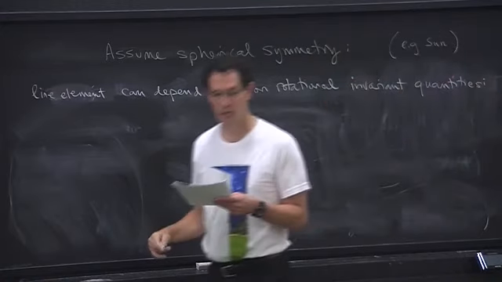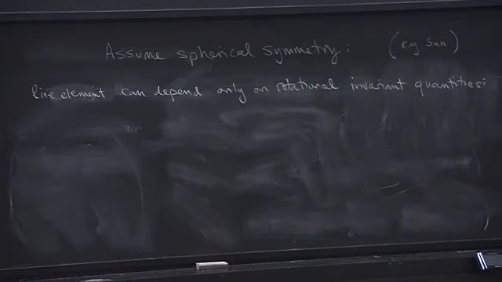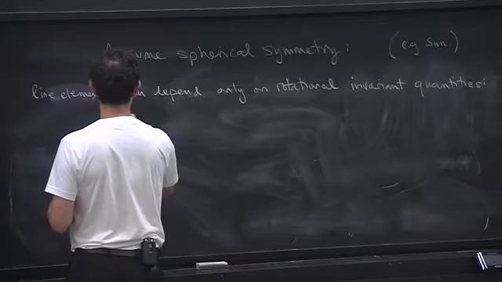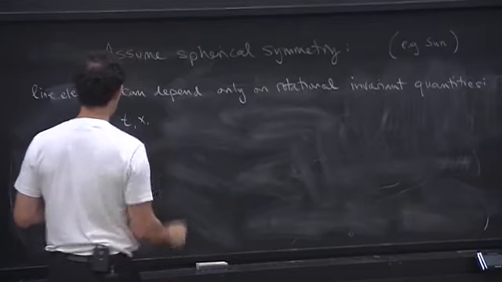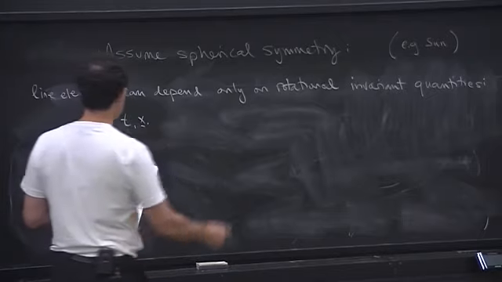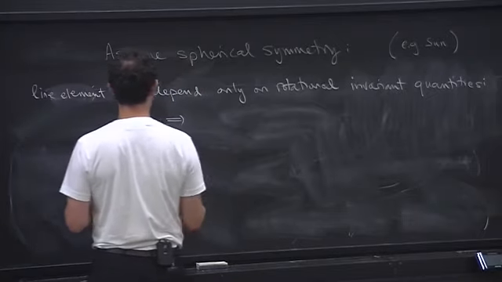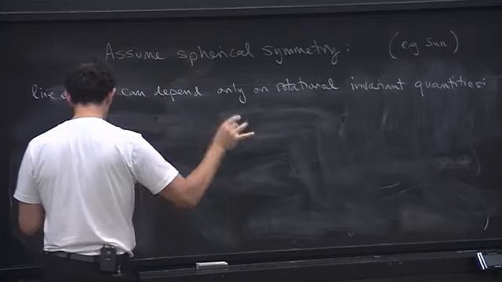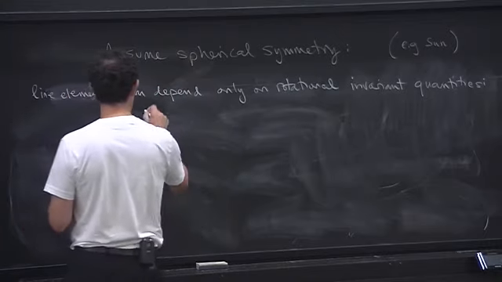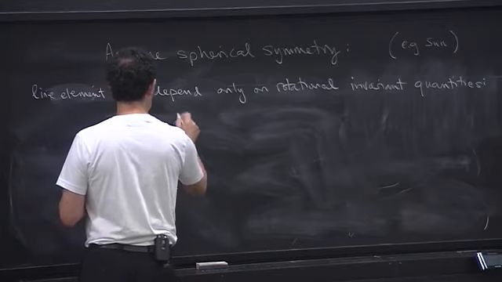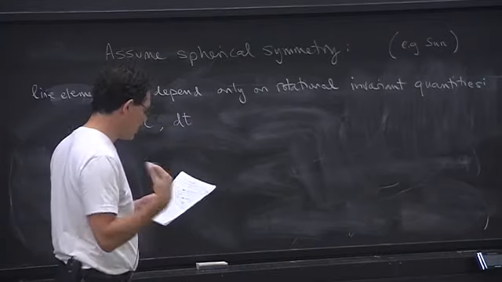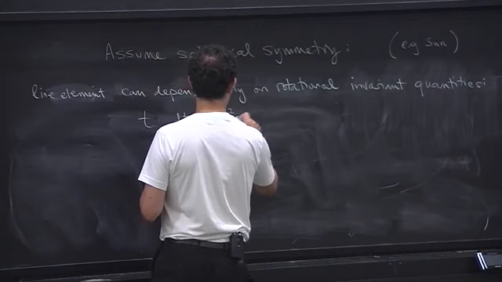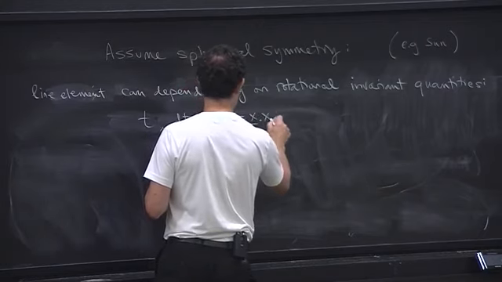Okay, there's no special direction, spatial direction at all. So instead of depending on t and x, which a general metric would do, it only depends on a subset of quantities. It depends on t. It can involve dt. These are obviously rotational invariant. It can depend on r squared, which is x dot x.